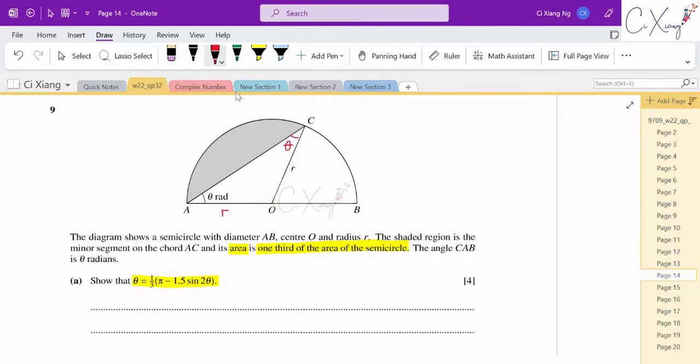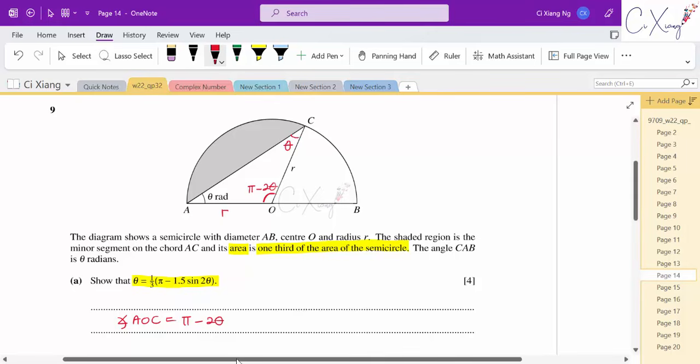And how about angle AOC? By the angle sum of a triangle, the total should be 180 degrees, which is pi, then minus 2 theta. So the first important information is that angle AOC is pi minus 2 theta.